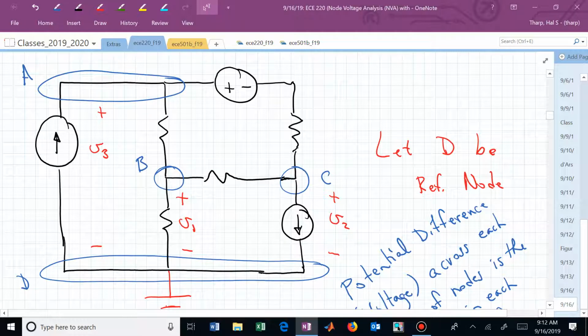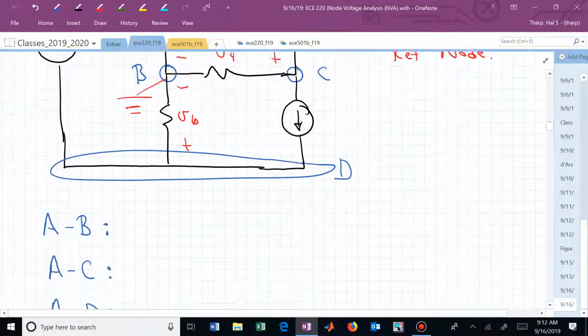If I was measuring the voltage drop from A to B, and I actually knew V1, V2, and V3, could I, on a piece of paper, calculate that voltage drop before I measure it? If I'm given V1, V2, V3? Isn't it just V3 minus V1? That's the drop from node A to B.